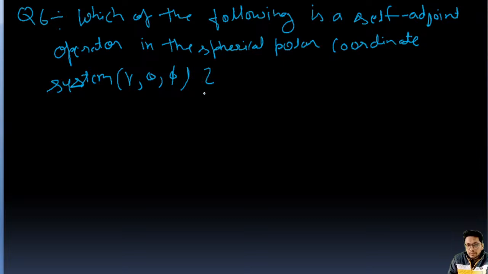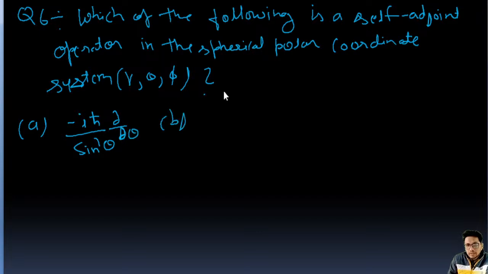Options are given. Option A is minus i h cut sin square theta del over del theta. Option B is minus i h cut del over del theta.